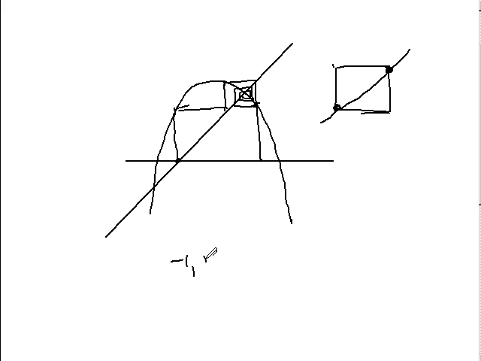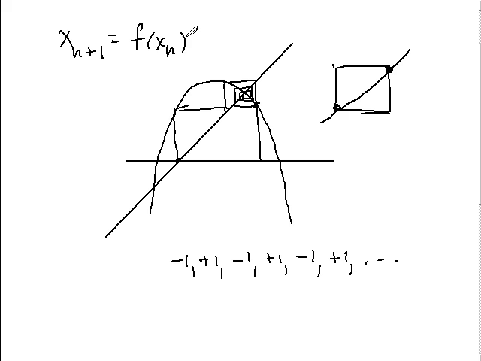Suppose your sequence of values went minus 1, plus 1, minus 1, plus 1, minus 1, plus 1. Now, this sequence obviously does not converge, but you can look at two subsequences, minus 1 and 1, that do have fixed points. So this equation, xn plus 1 equals f of xn, may not converge. It can oscillate. It could oscillate with period 1, 2, 3, etc.